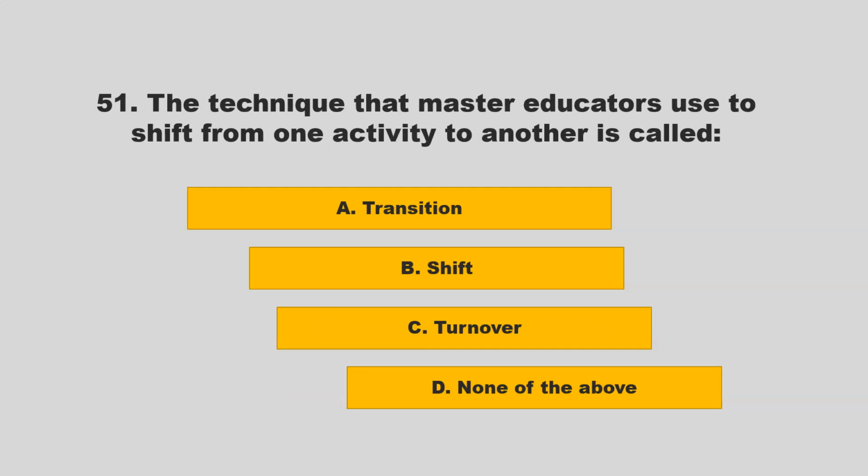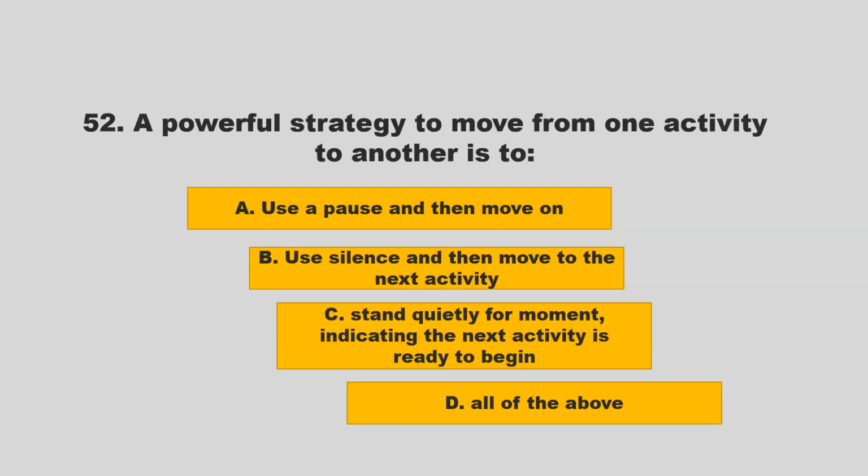The technique that master educators use to shift from one activity to another is called transition, shift, turnover, none of the above. If you chose A, transition, you are correct.